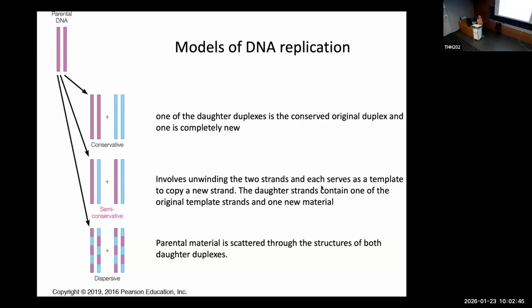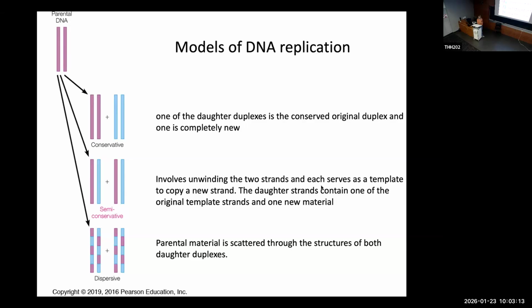And then the third potential model was something called dispersive, where the parental DNA and the daughter DNA was sort of intermingled, and you had pieces of parental in a linear sequence with new daughter strands and so on. So the parental DNA was dispersed within the new daughter DNA. And then each one of those was base paired to each other.